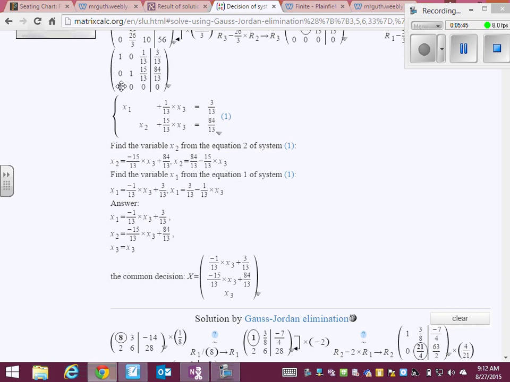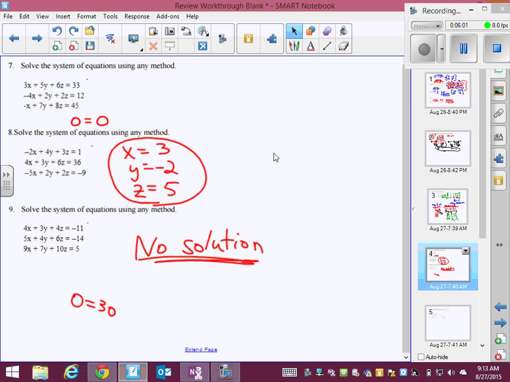If you look at their final Gauss-Jordan matrix, you can see down here this bottom row says 0 equals 0. This is more like what I wanted. This is what we'd expect to see normally. 0 equals 0 is going to be the key that tells us that this is many solutions.